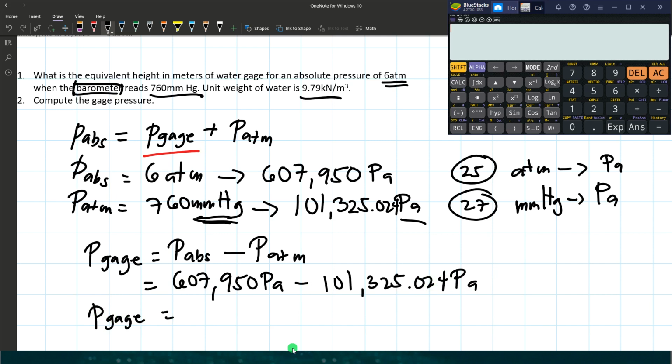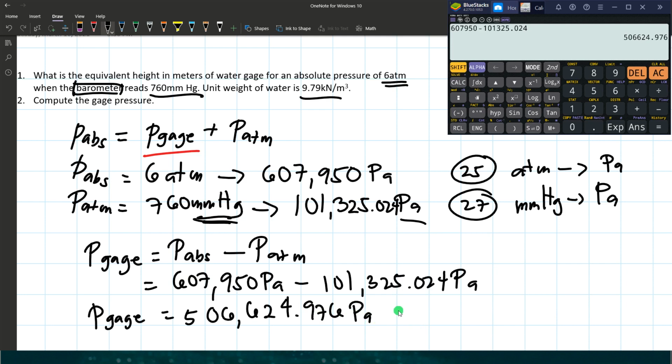So subtract 607,950 minus 101,325.024. That gives 506,624.976 Pascal.